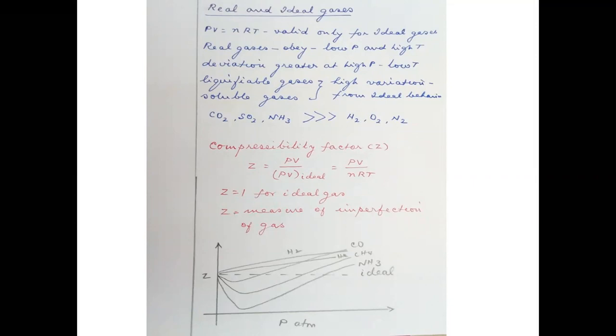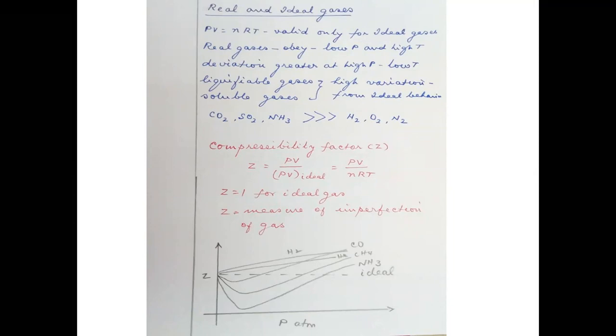These interrelations have been summed up, and finally we could arrive at an equation which is PV = nRT, which is called the ideal gas equation. This ideal gas equation is applicable only for ideal gases, which means the gases which do not have intermolecular interactions.